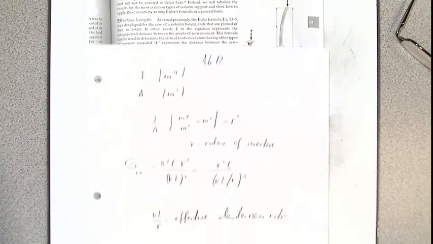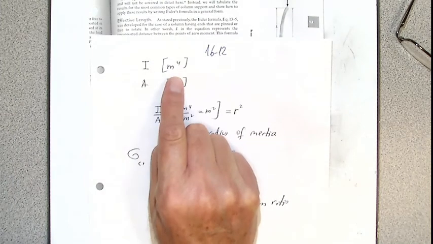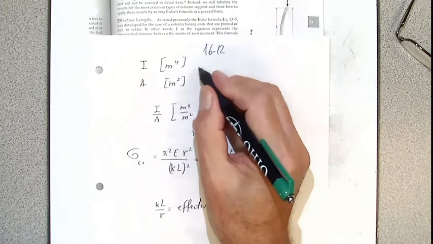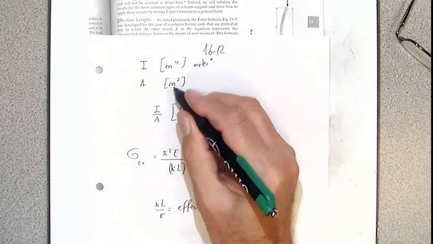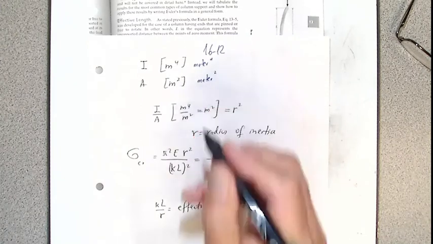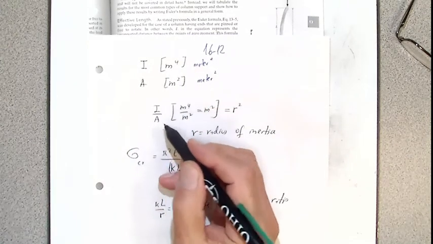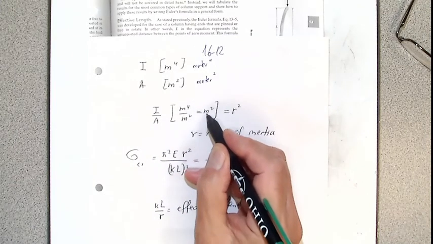So, okay, we have I, which has a dimension of meter to the fourth power. Area has a dimension of meter squared. So I over A will be meter to the fourth power divided by meter squared, which equals meter squared.